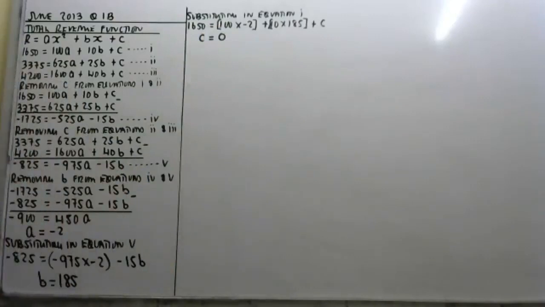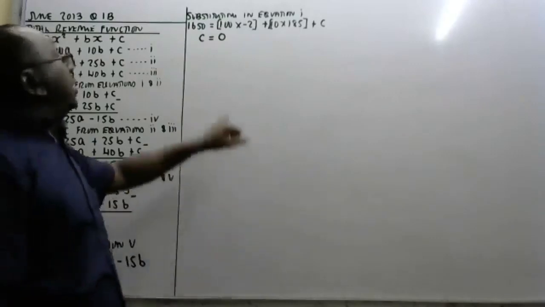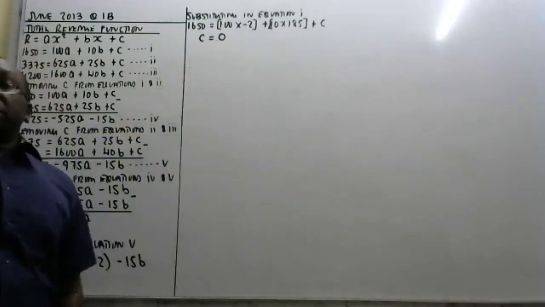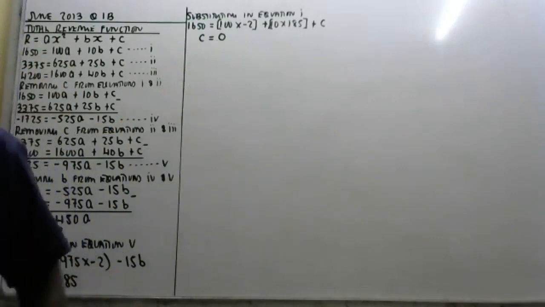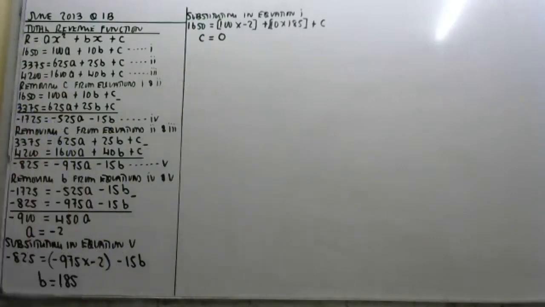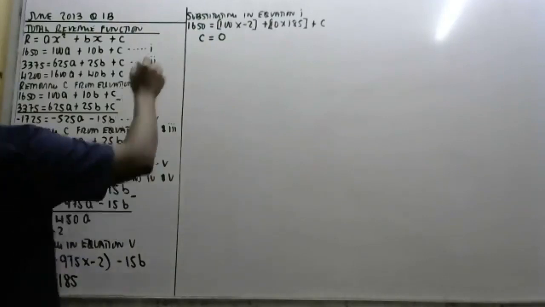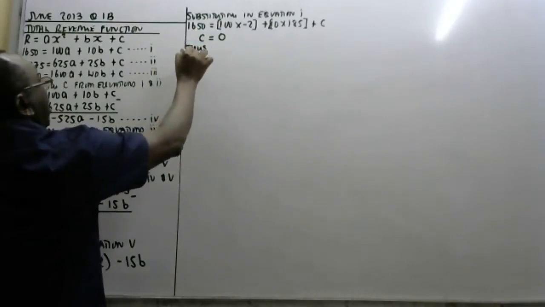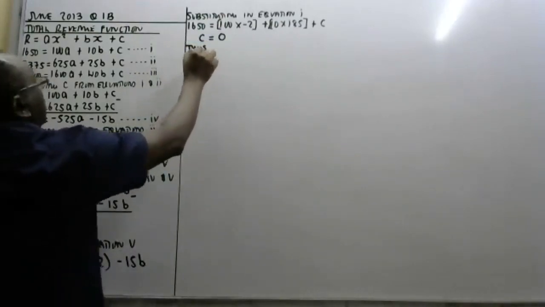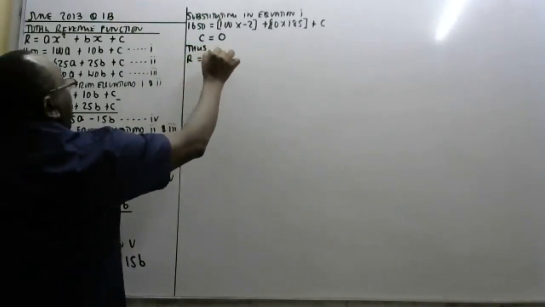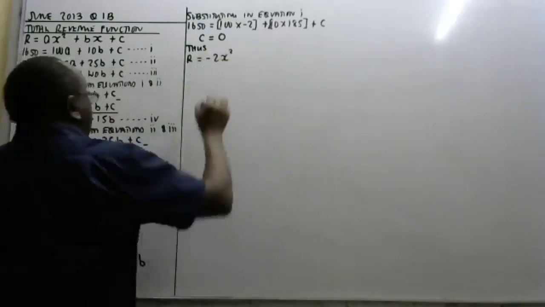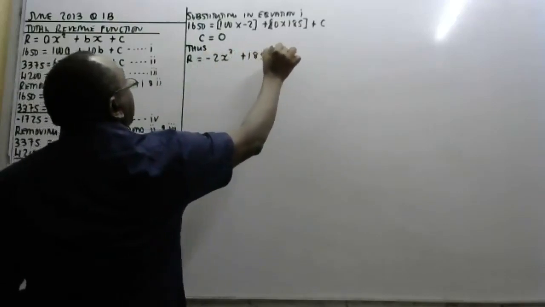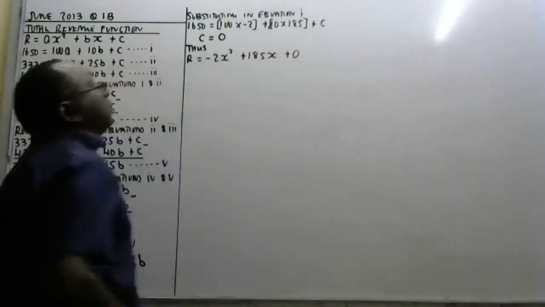In almost 99% of the cases, C for a revenue function will always be zero, because revenue does not have a fixed component. Thus, R will be equal to minus 2x squared plus 185x plus 0.